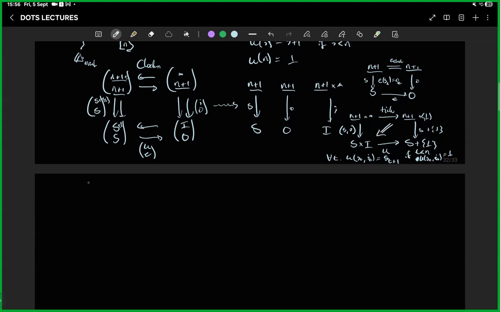So I will say that if I take S plus bot, I can have an inequality where bot is less than or equal to S, and then S is less than or equal to S prime if and only if S equals S prime.